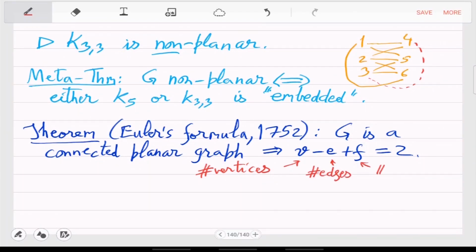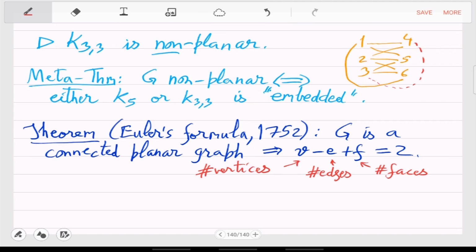F is the number of faces. Okay, so the correct way to interpret this is that if you look at dimension 0 things, dimension 1 things, and dimension 2 things, then they satisfy an equation. It's very important in math because there are topological interpretations which apply for all dimensions and all surfaces, which generalize this formula.